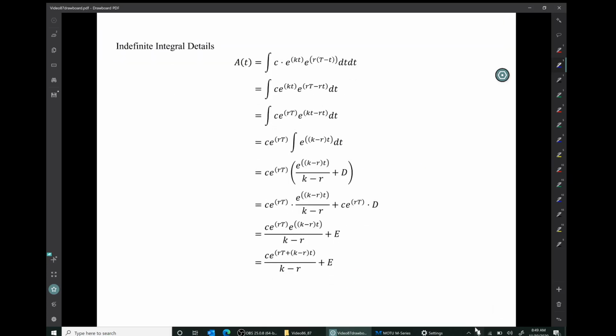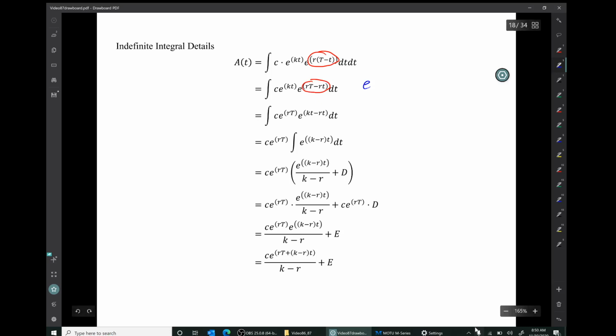The indefinite integral details I won't go through completely, but there are a couple of things that are worth noting. First of all, there's the simplifying of the exponential expressions. r times capital T minus t can be written as r times capital T minus r times little t.